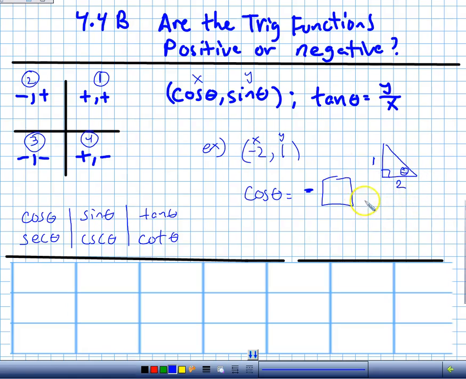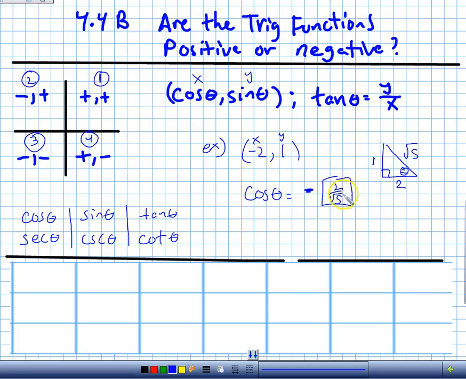We're going to decide whether cosine is positive or negative just based on the quadrant at the end. So let's do the Pythagorean theorem: a squared plus b squared equals c squared. So the hypotenuse is the square root of 5, and the fraction for cosine is 2 over radical 5.